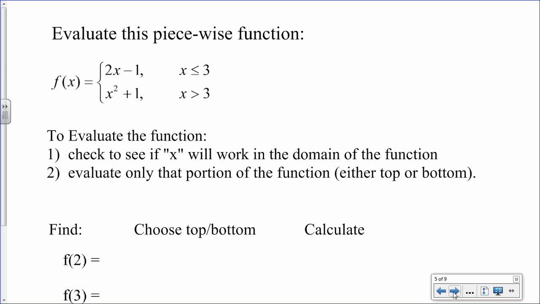Okay, we're going to talk about piecewise functions now. Just evaluating them. We're actually not going to be writing them or graphing them until 2.7, but we're going to start talking about evaluating them. The only difference is that you have to choose what part of the piecewise function you want depending on your domain, so depending on your x value.